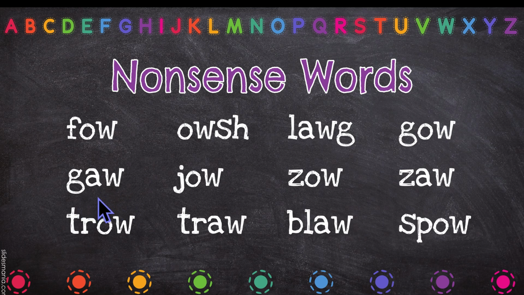G-ah, gaw. J-o, joe. J-ow, jow. Z-o, zo. Z-ow, zow.